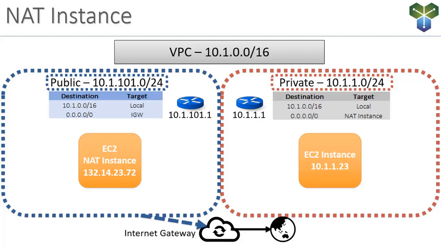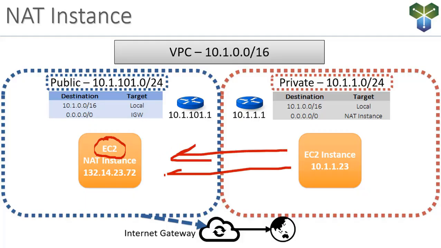The other thing that we have to consider with a NAT instance is I'm deploying network address translation on an EC2 instance with a defined amount of CPU and memory. So what happens if the amount of traffic that this NAT instance is taking in starts to rapidly grow? The NAT instance may not be able to handle that sort of additional workload. So based on that, the NAT instance isn't going to scale automatically for me.